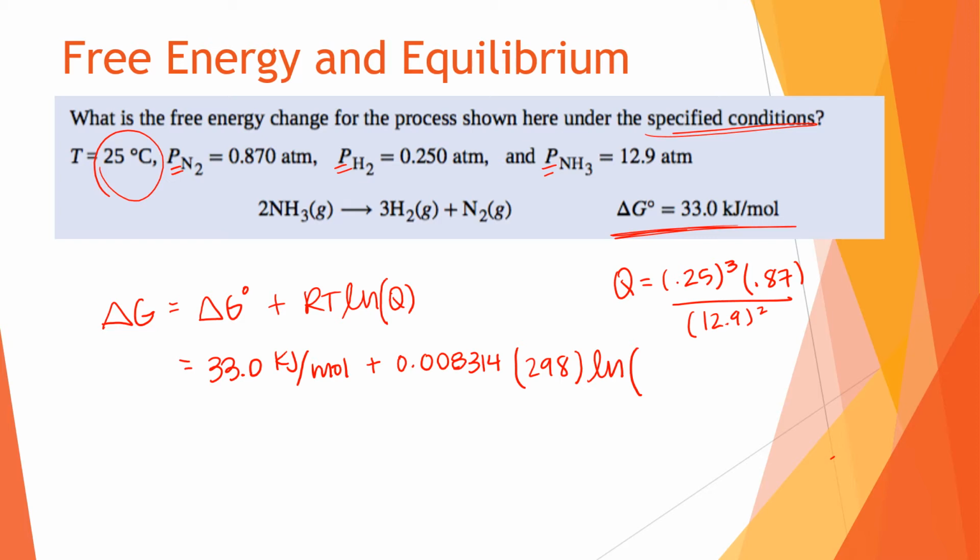And when I do that math, I get 8.17 times 10 to the negative 5. All right, so now I'm going to multiply all of that and add it to 33, and I'm going to get that delta G is equal to 9.69 kilojoules per mole.